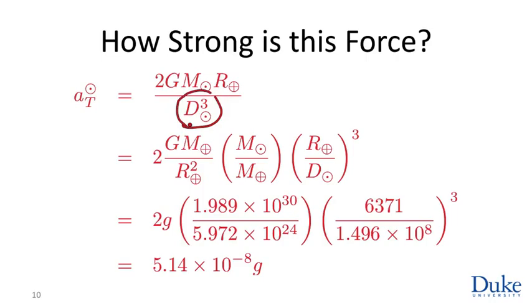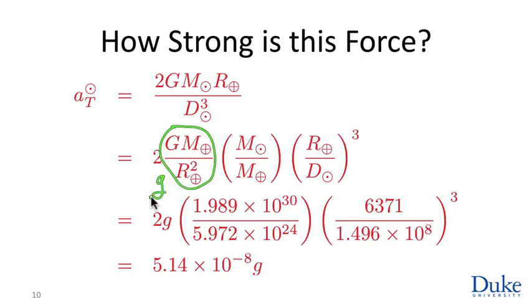And I want to compare this acceleration to something I know, so I will do the usual scaling trick that I like to use. Try to pull out a factor over here of the mass of the Earth divided by the radius of the Earth squared. Well, I didn't have the mass of the Earth, I had the mass of the sun, so I get one factor here. I had the radius of the Earth divided by the distance to the sun cubed, so I get a scaling factor.